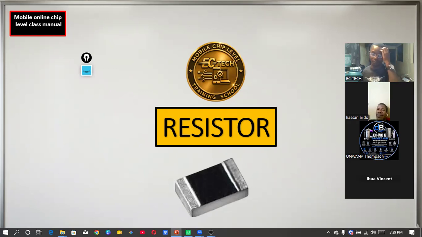Okay. Yeah, I'm with you guys. What do you understand by resistor? I understand the resistor is like an intermediate between them.